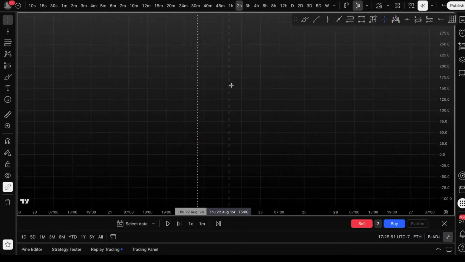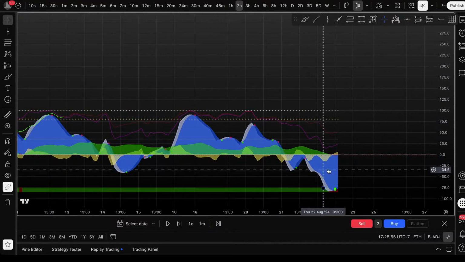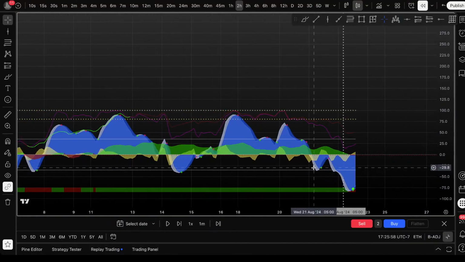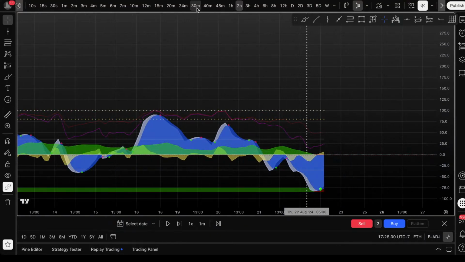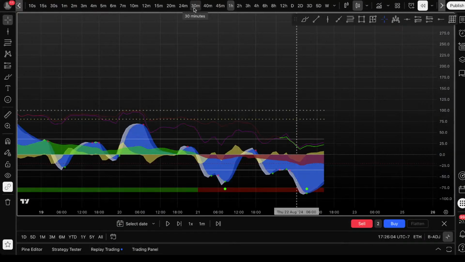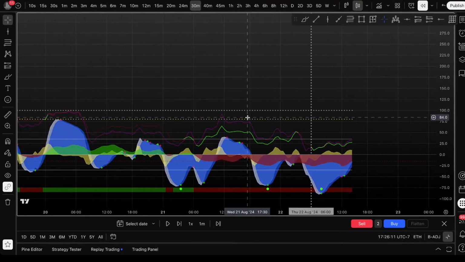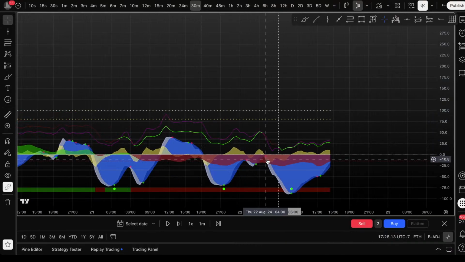I think the 2-hour stood out to us. Look at that money flow leaving on the 2-hour. 1 hour, yep. 30-minute. The 30-minute trigger was crazy.